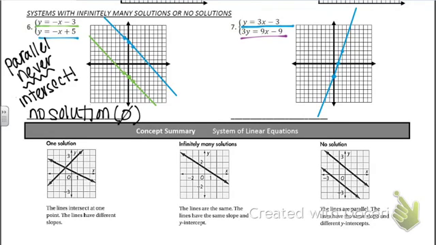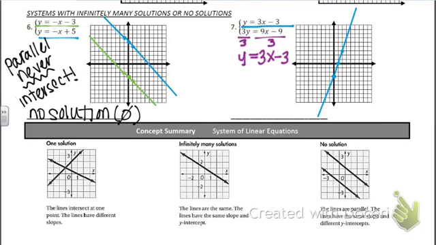What do I need to do? I already have the y by itself, but there's a 3 attached to it, so we're going to divide both sides by 3. And that gives me y equals 9 divided by 3, 3x minus 3.